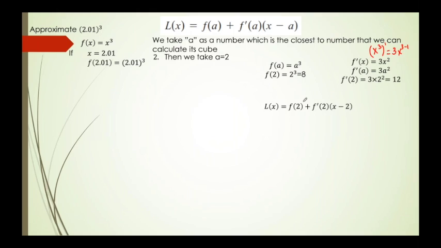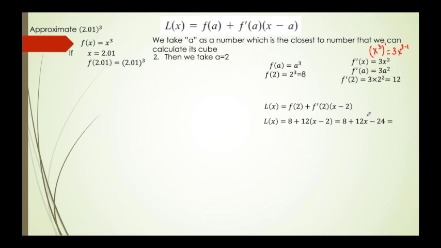So when we write in the equation, we will get f of 2 plus f prime 2 times x minus 2. We wrote 2 in the place of a's. And we know that f of 2 is equal to 8. We write f prime 2 is equal to 12.